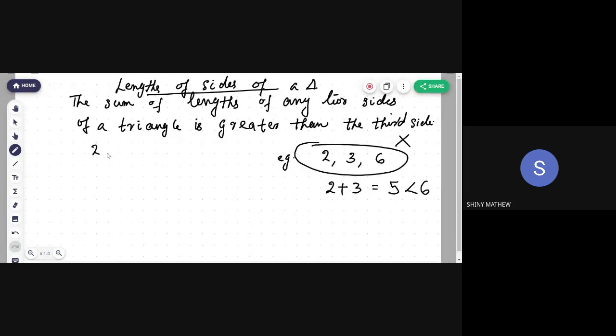If I take 2, 3 and 2, or 1, 3 and 2, or some bigger measurements, like 4, 2 and 2.